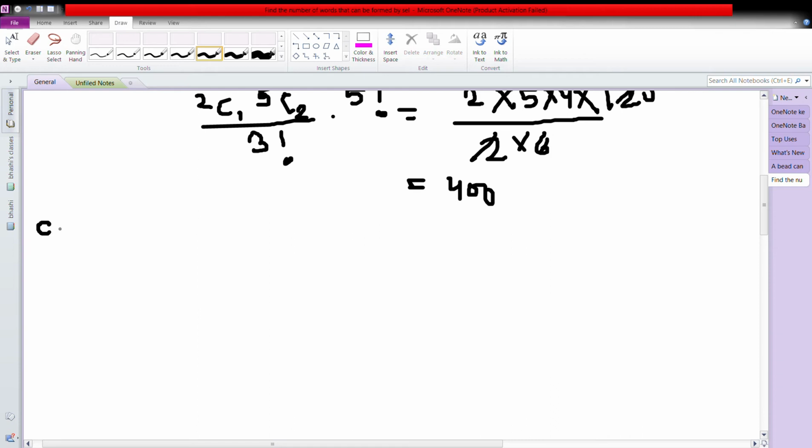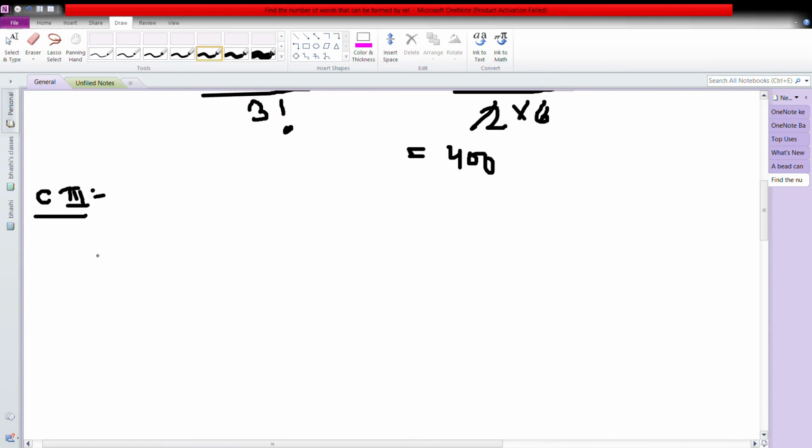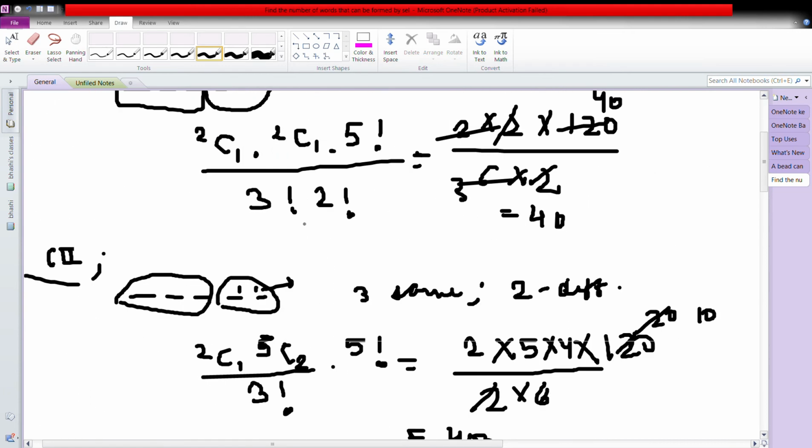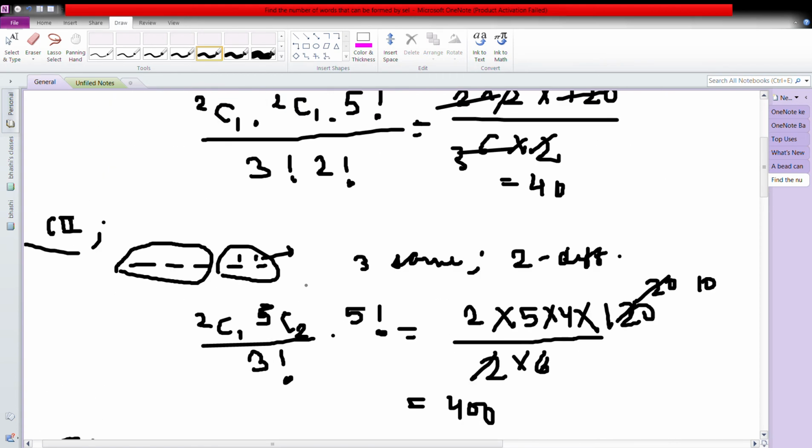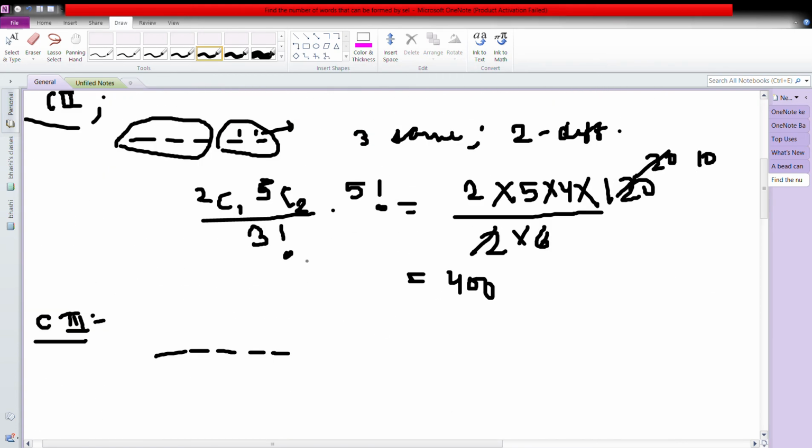Let's see if the third case is possible or not. Okay, so let's make 5 places: 1, 2, 3, 4, 5. So what if these two places get the same letter of one kind, and these two also get the same letter of another kind, and this one is distinct?